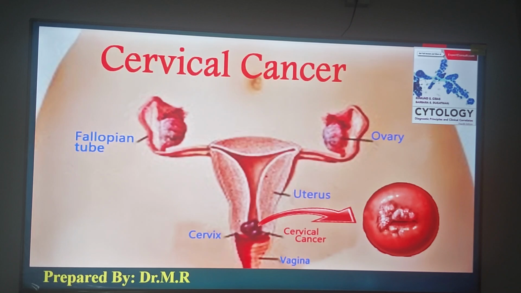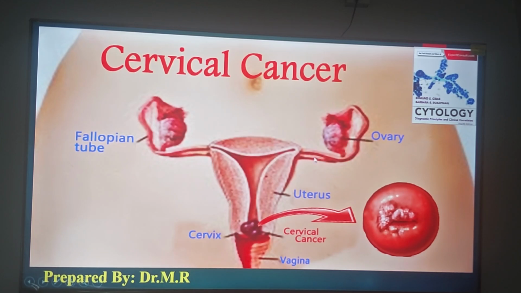Of Allah. Today I want to describe cervical cancer. First of all, I want to discuss the female genital system or anatomy. This is the vagina, this is the uterus, this is the ovary.